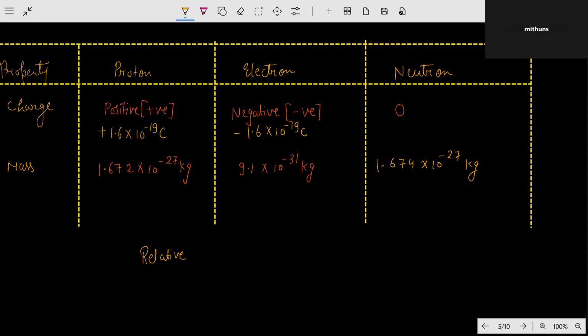So is it just like protons, the relative charge is 1, neutrons 0, and electrons minus 1? Yes, relative charge.